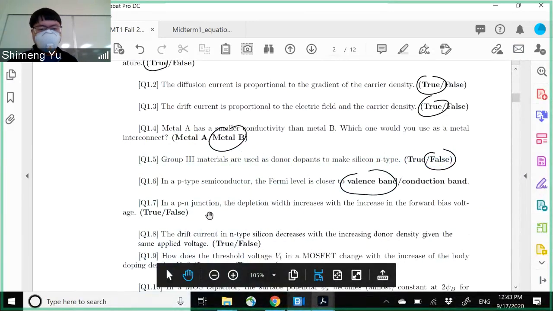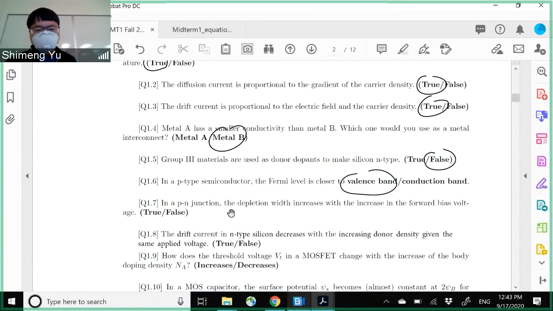Okay, number 7. In a p-n junction, the depletion width increases with the increase in the forward bias voltage. So this one may be tricky. Depletion width. So what is depletion width first? P-n junction.